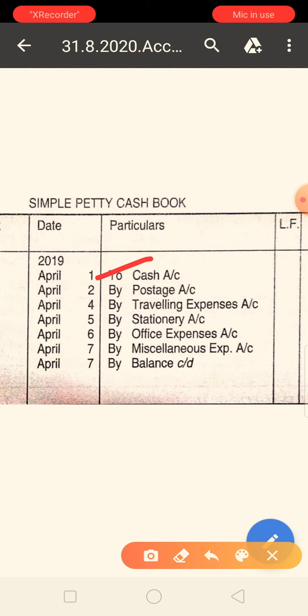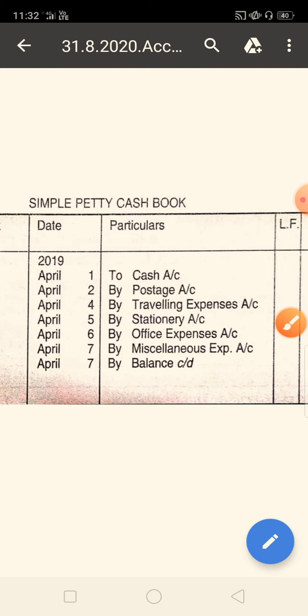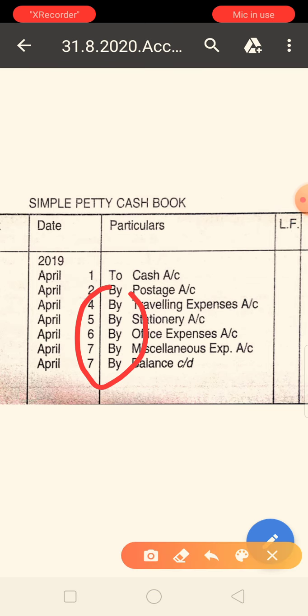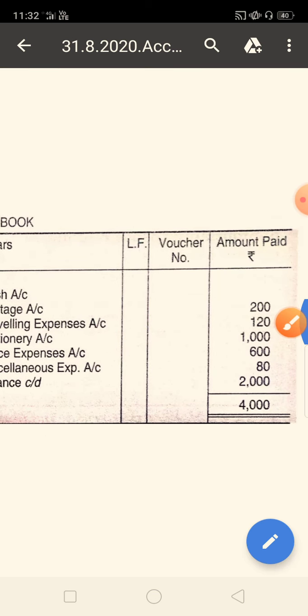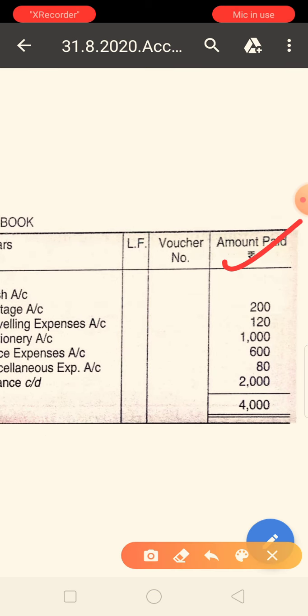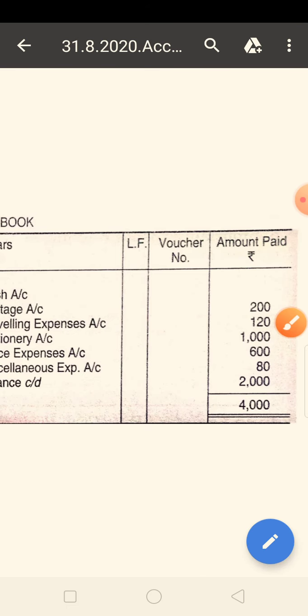From the main cash book cash has gone, तो my dear student, in the journal entry we will maintain To Cash. तो my dear student, cash goes, तो दिस आर टू कैश, और इसके बाद हम जो भी सारे खर्चे करने वाले हैं, दैट इज़ कॉल्ड बाय एक्सपेंसेस. जितने भी एक्सपेंसेस होंगे वो सब बाय में लिखेंगे. एंड अमाउंट, माय डियर स्टूडेंट, दिस अमाउंट इज अमाउंट पेड कॉलम, वी विल राइट हियर, my dear student.